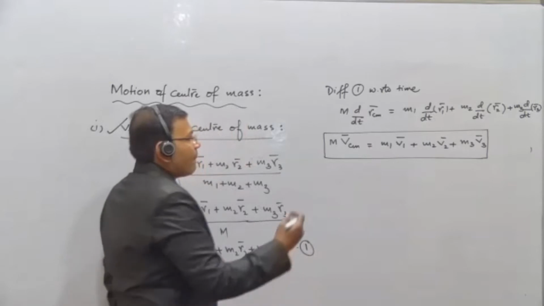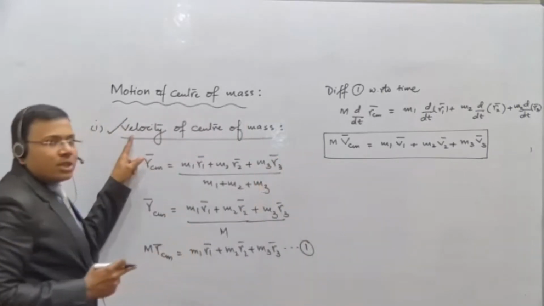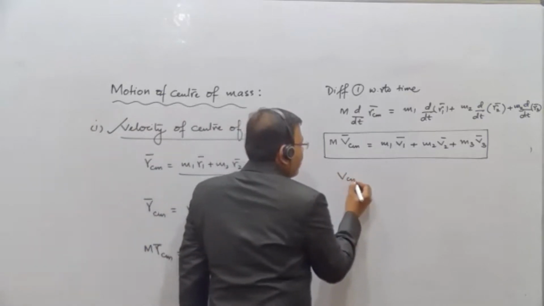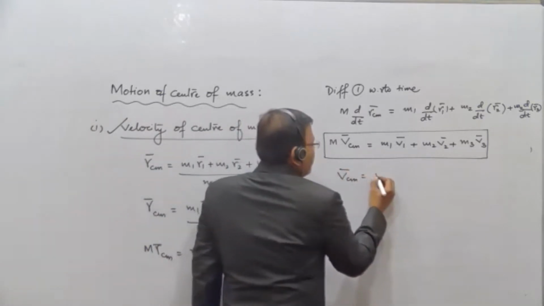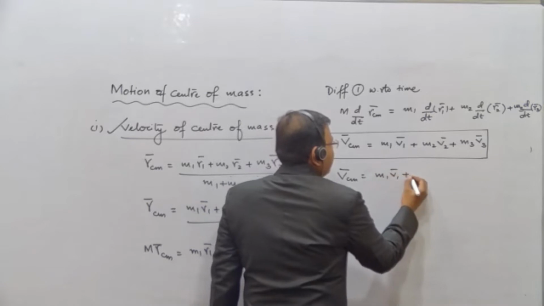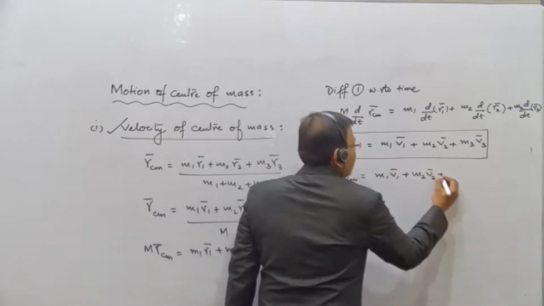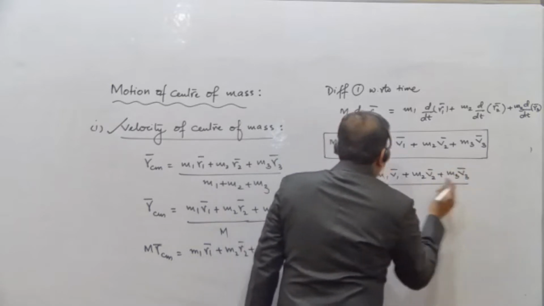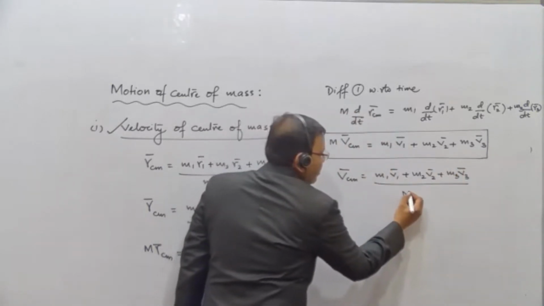Now let us see. Our aim is to find the velocity. This is our aim, right? तो हम यहाँ पे velocity निकालते हैं. देखिए कैसे निकालेंगे हम. VCM is equals to m1 v1 plus m2 v2 plus m3 v3 by, if I take this m in the denominator, this will be m.